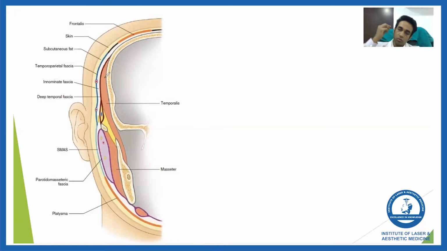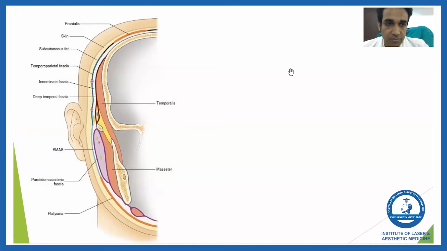If I'm cutting through superficial skin, fat, and fascia, am I going to hit any artery? No. Am I going to hit any nerve? No. Everything which is important is underneath this fascia. This is clear, and I'm not expecting a lot of understanding of this, but I'm sure this much should have been clear by now.